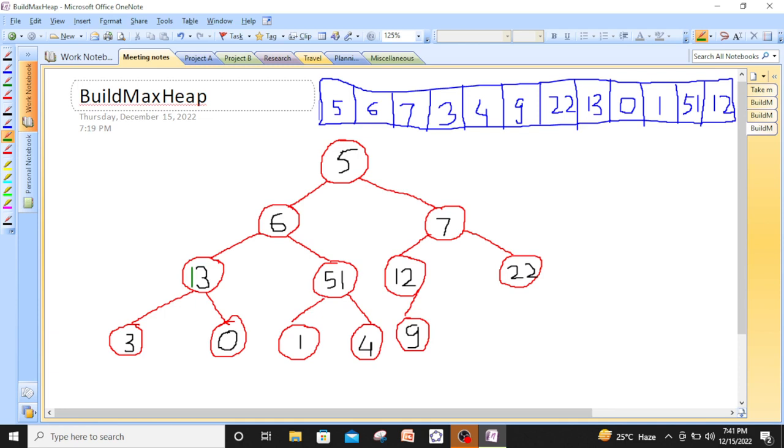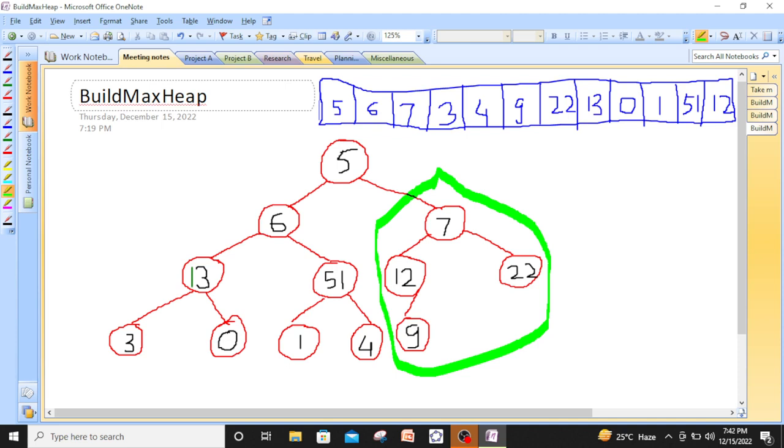So I take that 7 with its children as well as grandchild. Now you see the node 7 with its different children, and this part must be heapified.